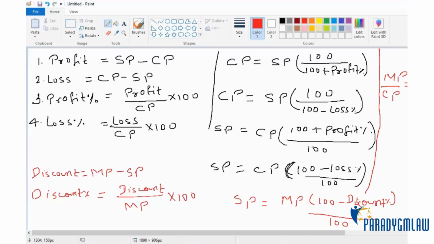Sir, what is the difference between marked price and cost price?